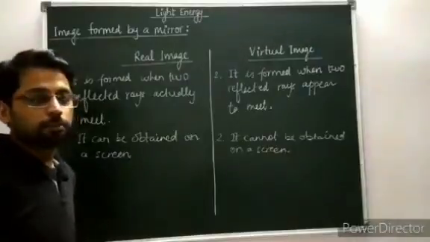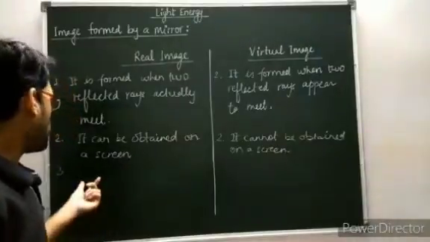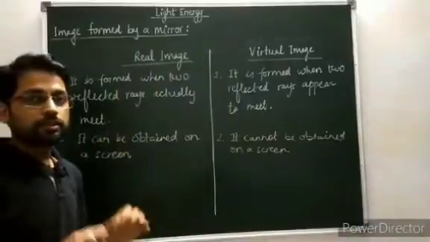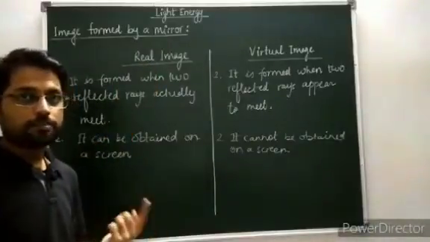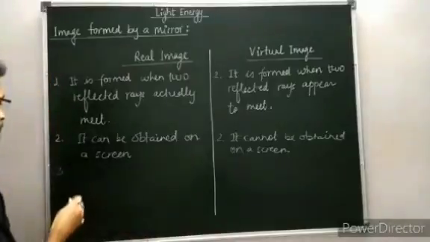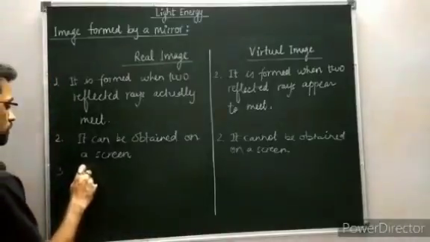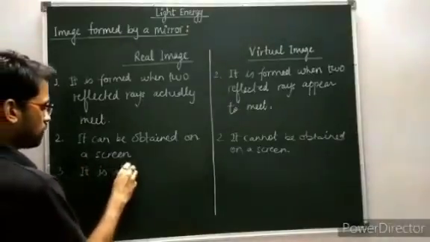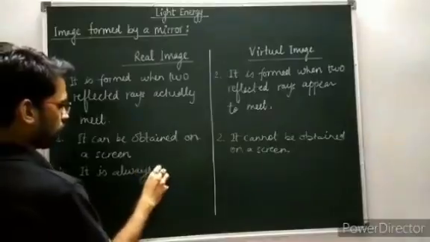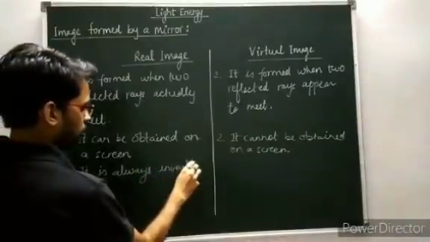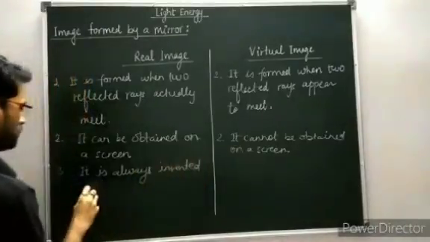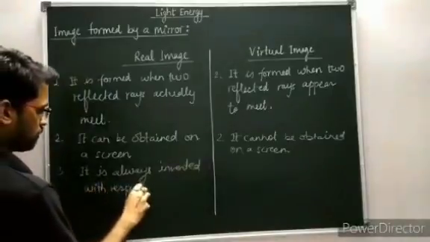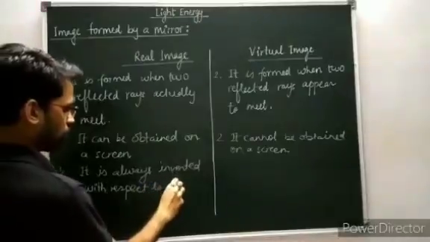and the third point and last point is the real image is always inverted with respect to the object. Okay, note it down. The real image, it is always inverted with respect to object.